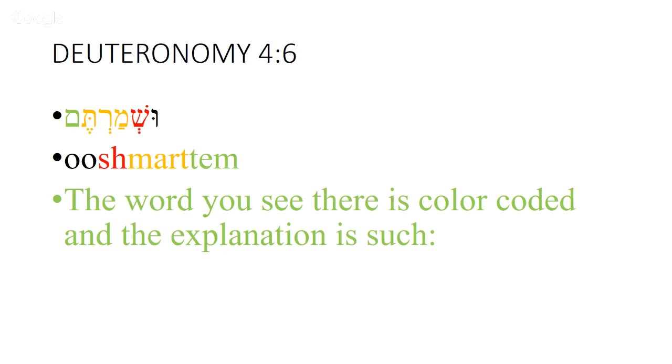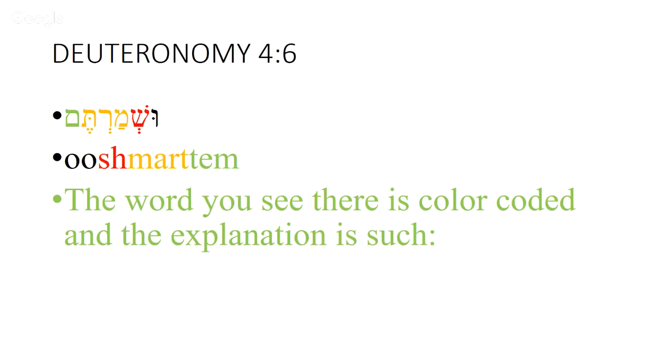So what you're looking at right there is the mem, the resh, and the tav. All right? Mar. Now, in the mustard color, it says M-A-R. The mem has a patach, mem making the M sound.